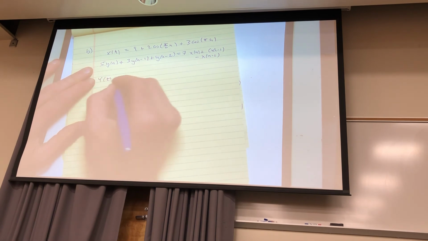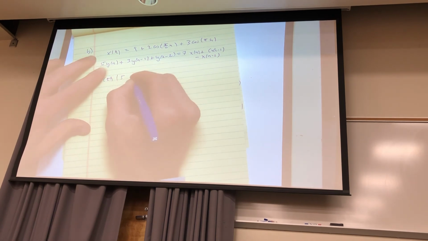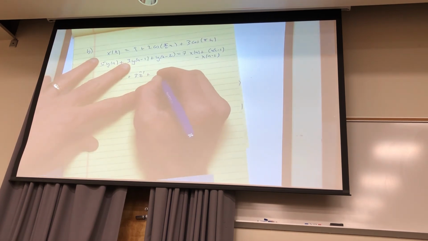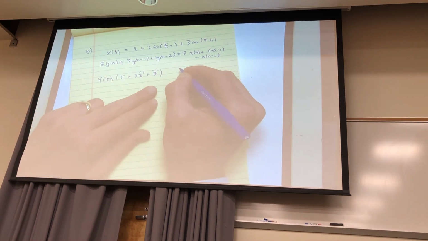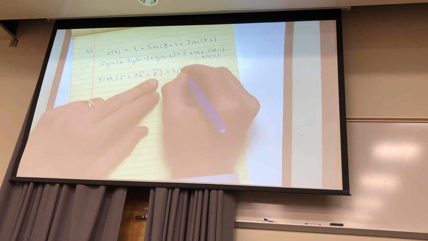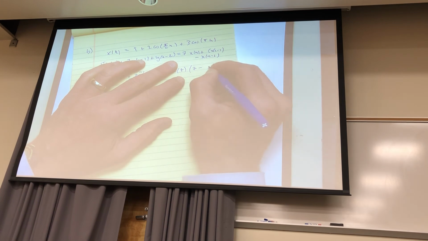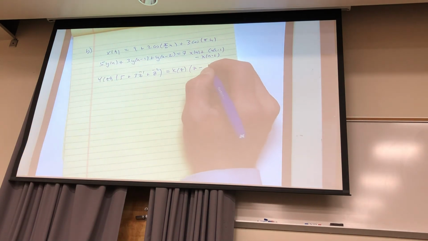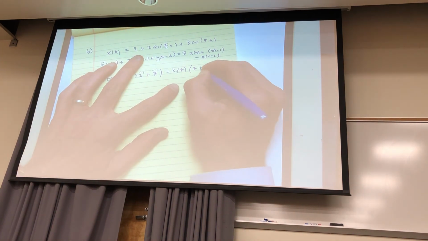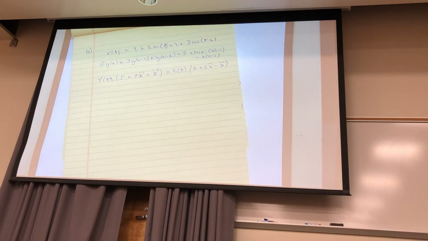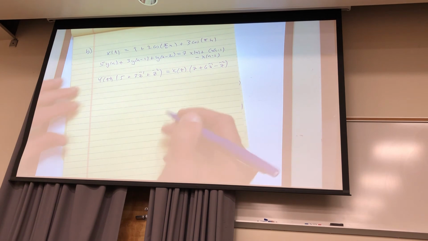I have y of z here, and I have 5 plus 3z to the minus 1 plus z to the minus 2 here equal to, and then I have x of z here, because I'm pulling x of z out in front of everything, and I have 7, plus 6z to the minus 1, and then it's going to be minus z to the minus 2 here.